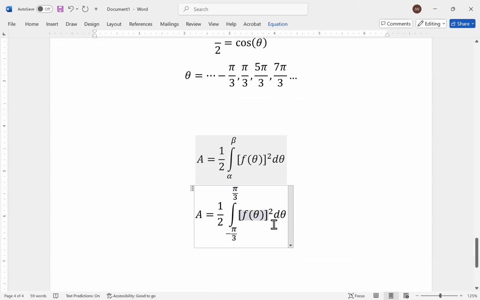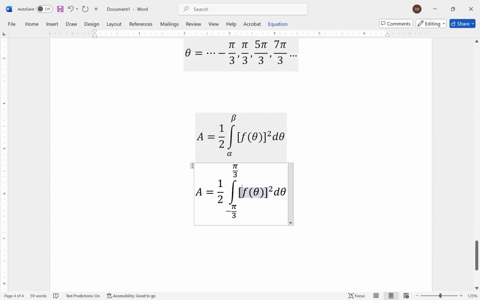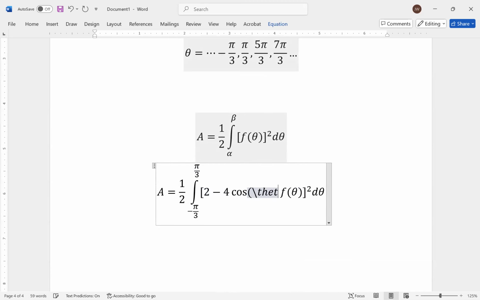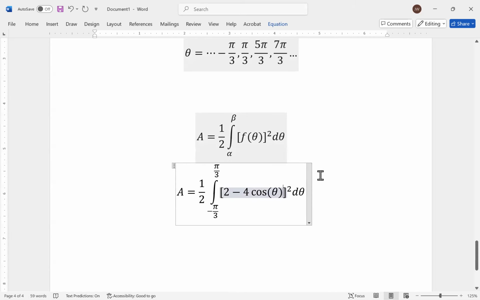And then obviously this is 2 minus 4 times cosine of theta. And this is just an input into our calculator. So as I input that into my calculator, I haven't done this into my calculator yet, but I will.